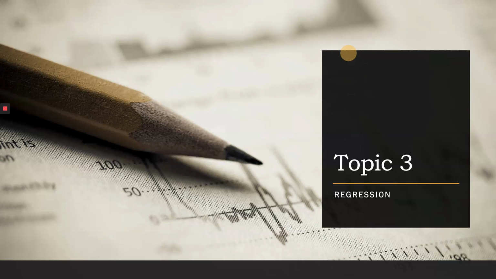Now, before we go further to regression, let us recall back what you have learned previously on correlation. Look at the relationship between two variables x and y, where x is your independent variable and y is your dependent variable.